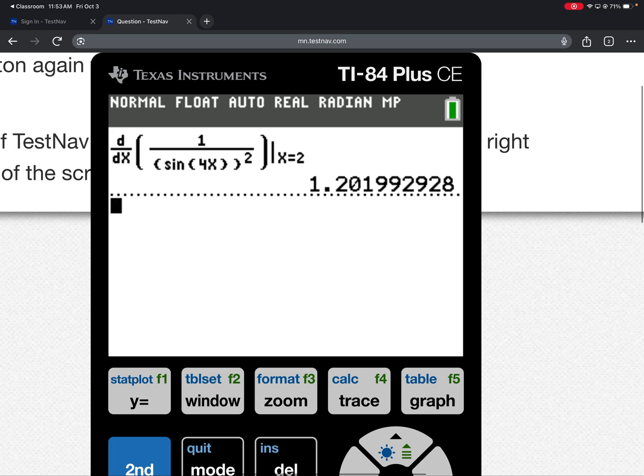You guys should get that. So 1.2019, so to three places, 1.202.